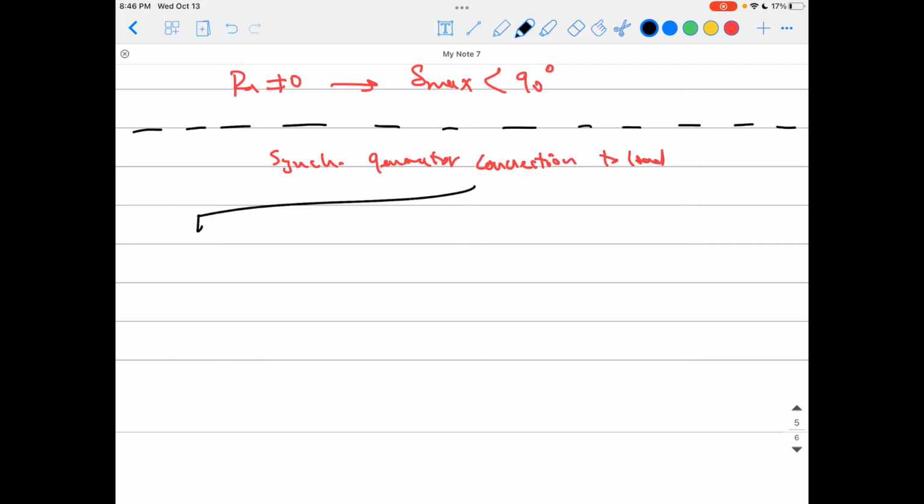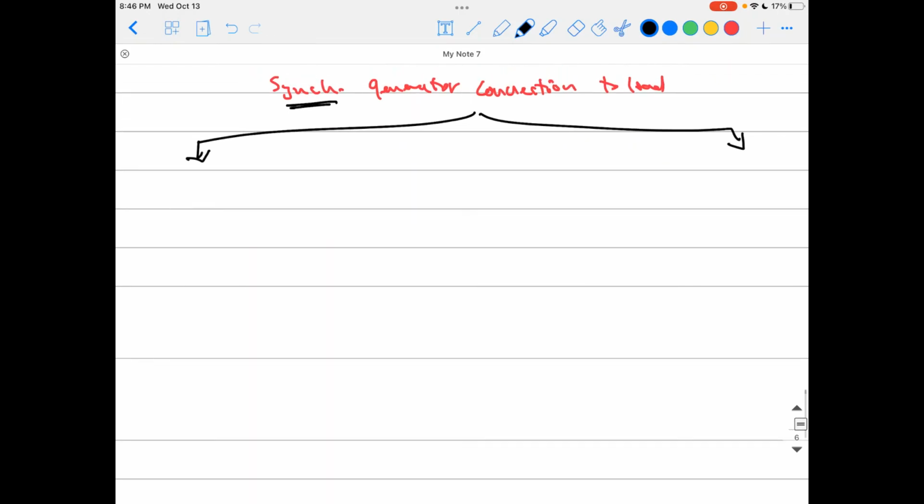So you have two modes of operation for the synchronous machine as a generator. The first one, we call it the standalone mode, or sometimes the isolated mode.